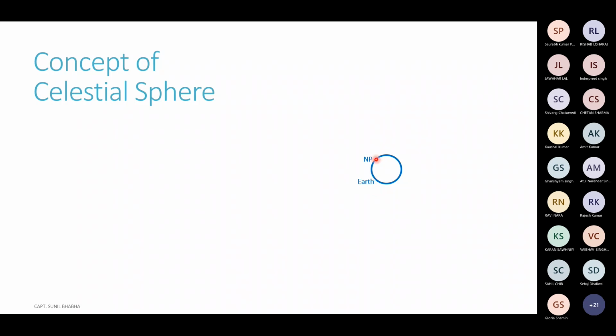The North Pole is here in this particular location, represented by NP, and the South Pole is here, represented by SP. So we have both the poles of the Earth marked on our diagram. Now let's show the equator also. We know the equator is a great circle on the surface of the Earth, exactly midway between the two poles.